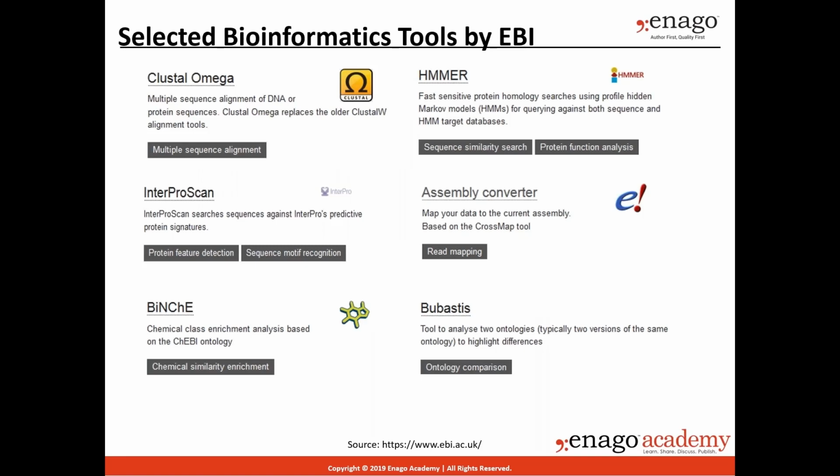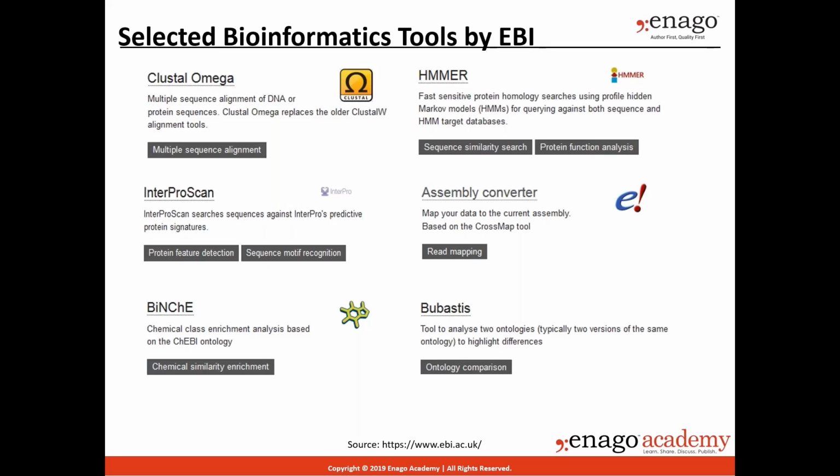Some examples of tools that are available from EBI: Clustal Omega, which allows for multiple sequence alignments of DNA or protein sequences. InterProScan, which allows you to search sequences against its predictive protein signatures. ChEBI enrichment, which is a chemical class enrichment analysis tool.